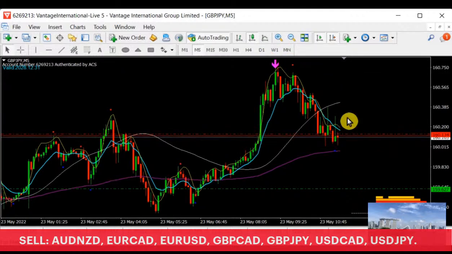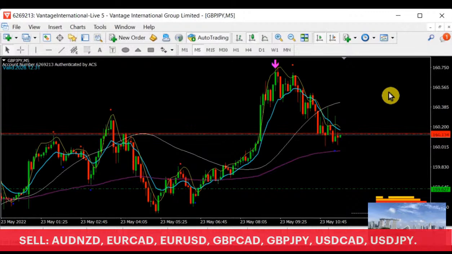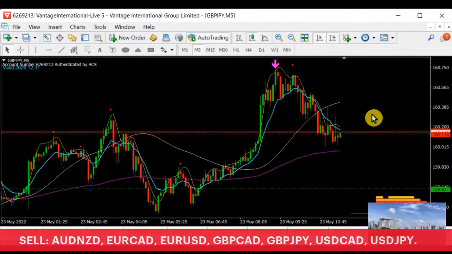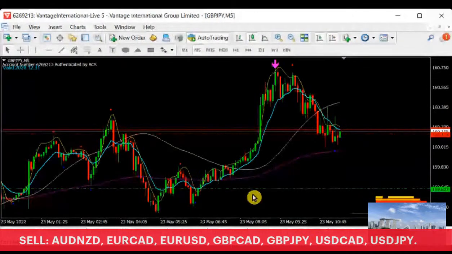So let's say it actually retraces upwards, and if it's maintaining below the resistance, the whole resistance area, it is still good to hold unless it builds up a higher support. If it's building up a higher support, that means to say it is not ideal anymore. So this is something that we need to know.